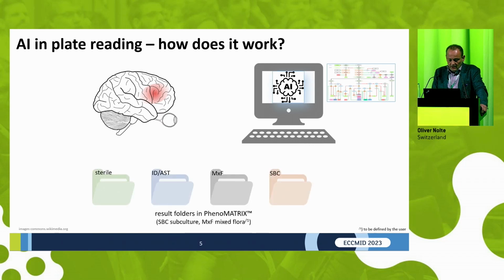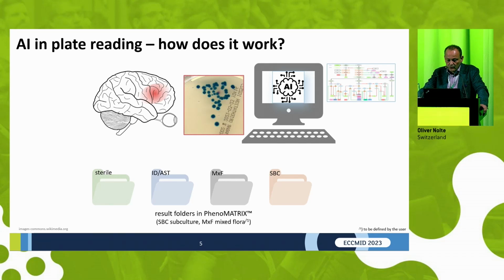If we again have a urine plate like this with 3 different colony morphologies, we usually recall that algorithm from our brain, and we ask ourselves, do we need IDs? Do we need AST? Do we need to do subcultures first, or can we put it as a mixed flora or as non-significant growth? The same is done if we put the same image to the AI.